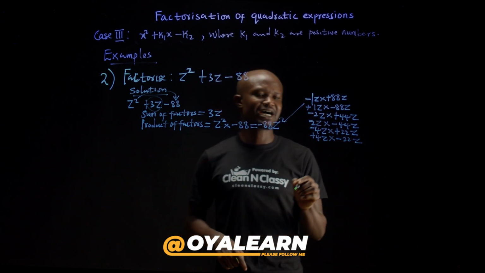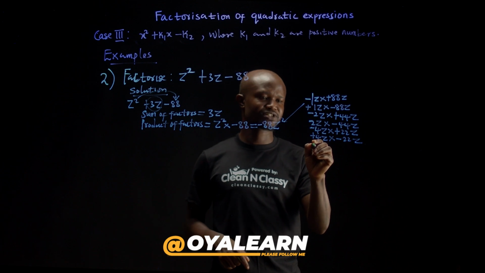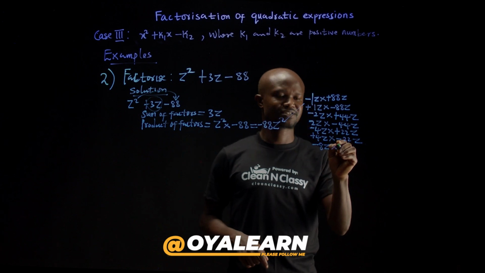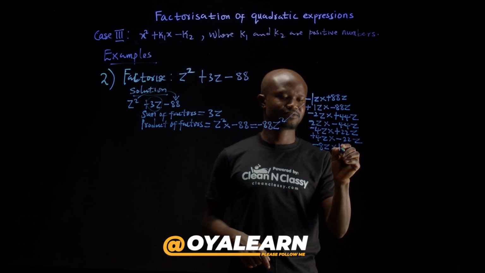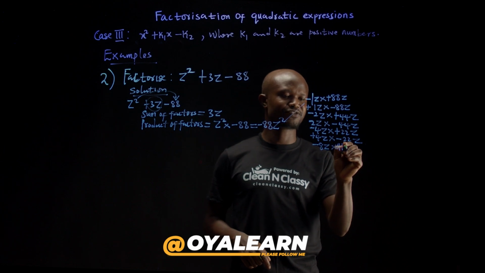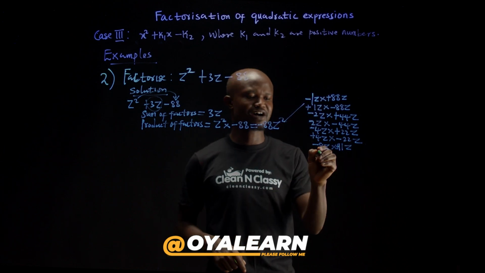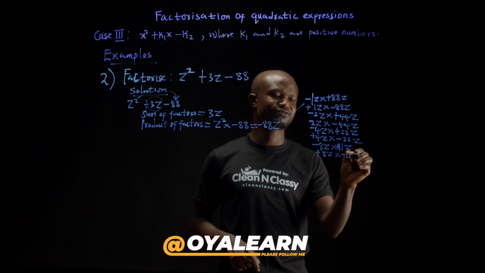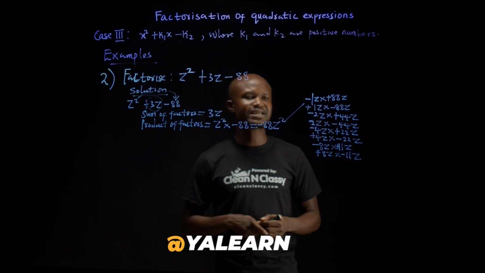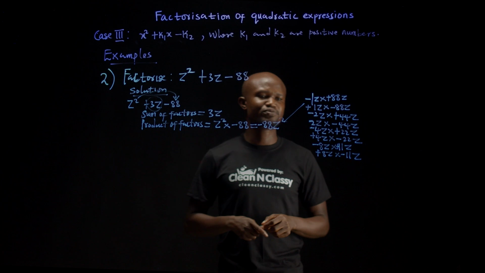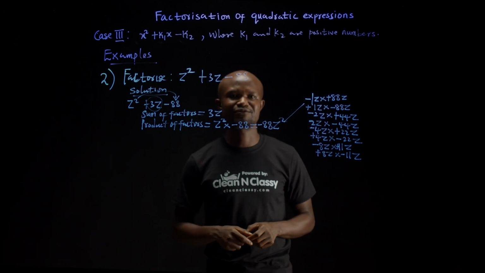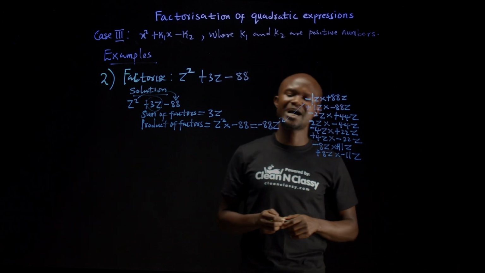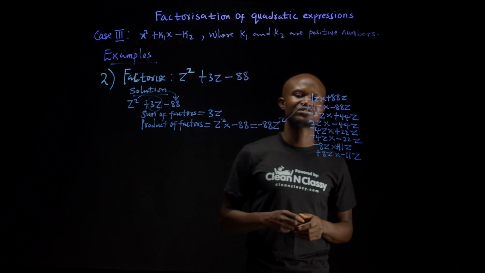Now, we can have minus 8z times positive 11z. And we can also have plus 8z times negative 11z. These are the possible sets of values we can have, so that by the time you multiply them together, it will give you minus 88z squared.